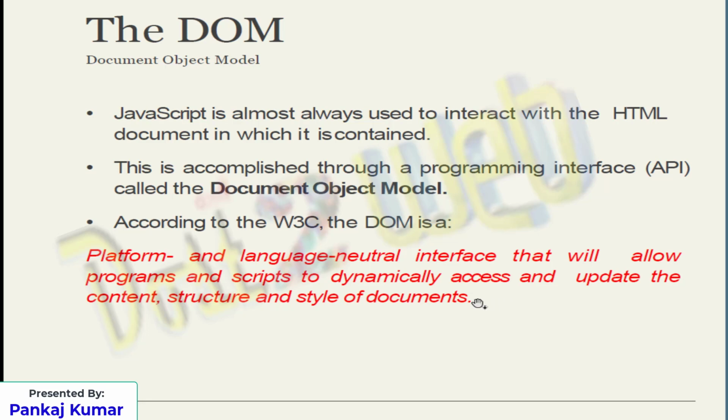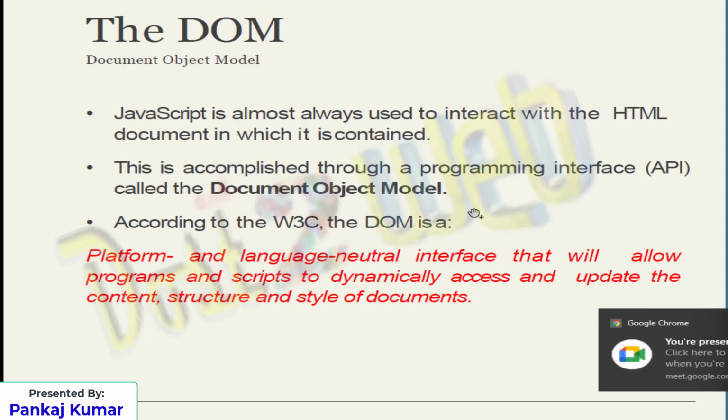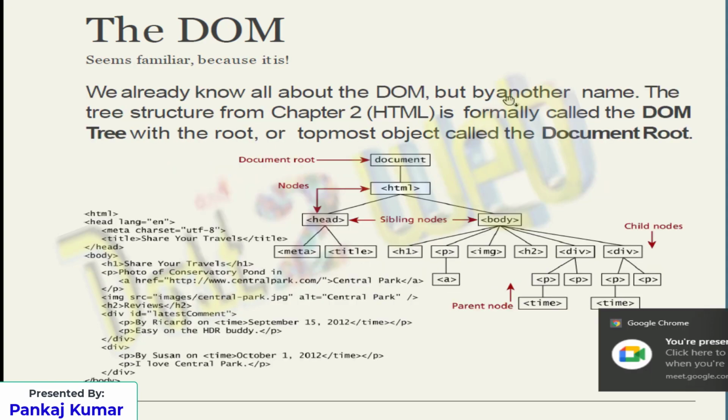So it means it's giving you a platform, a language neutral interface. Using that, you are going to dynamically access or update the content, structure, and the style of the document. That is actually your DOM.